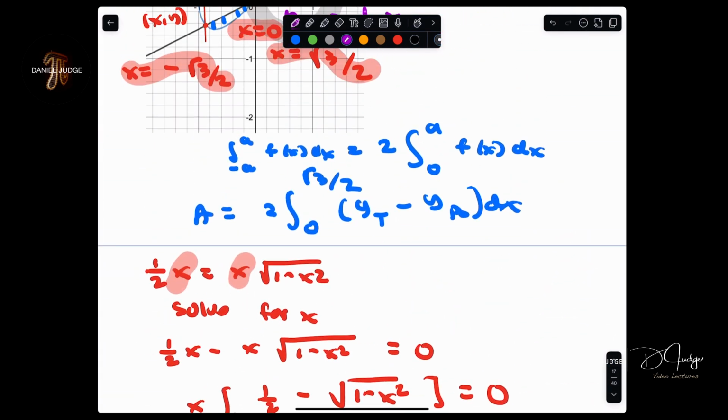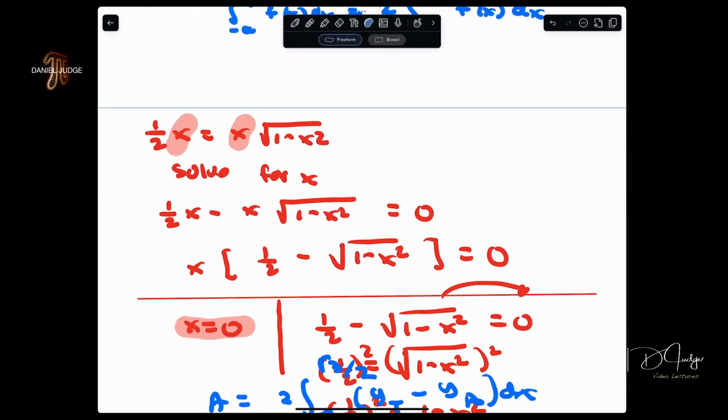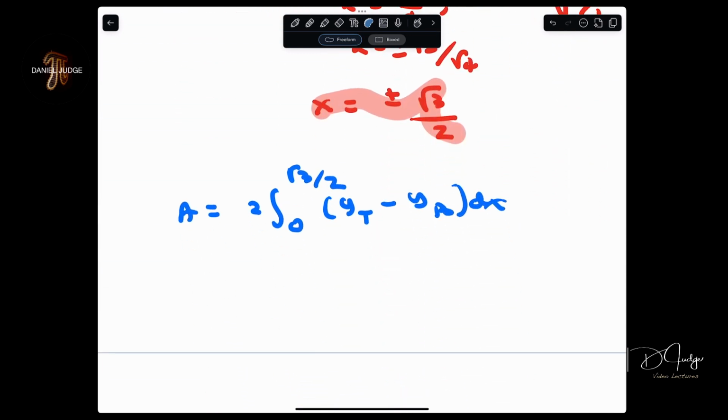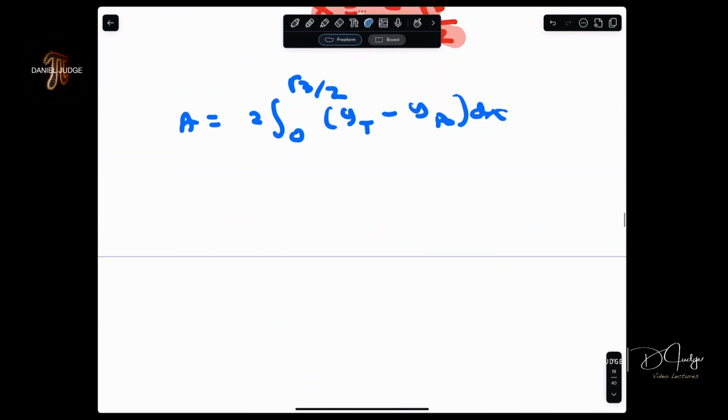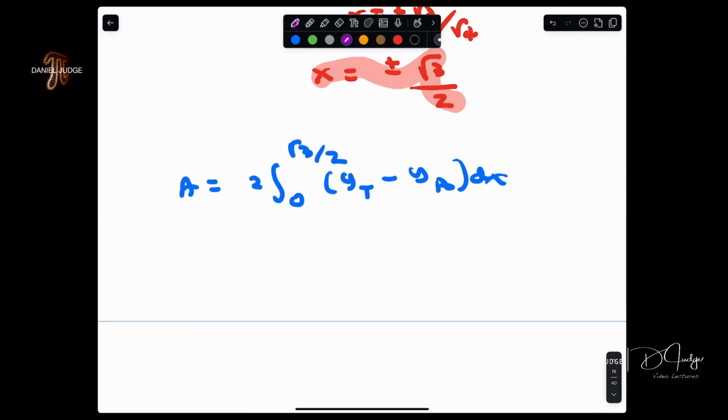So let's get this going here. I'm going to have to move everything down here. Top curve we said was x square root 1 minus x squared, and the bottom curve is 1/2 x.